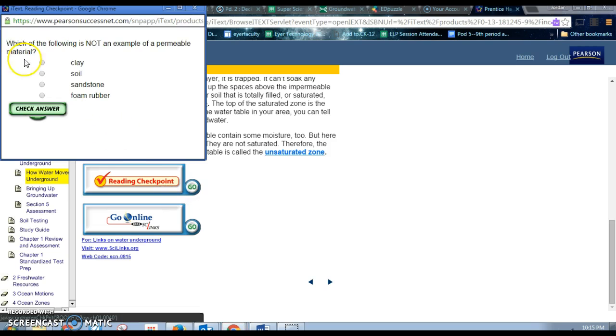Reading checkpoint. Which of the following is not an example of a permeable material? Is it clay, soil, sandstone, or foam rubber? Again, not an example of permeable material. So the opposite of permeable would be impermeable. I'll give you about 5 seconds here to make a decision.